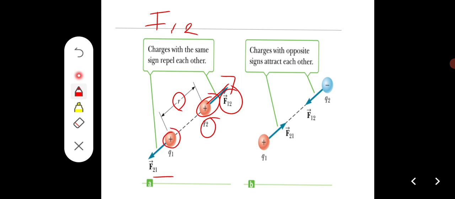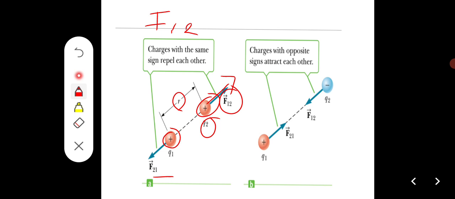Charge 1. You have to understand this, because as you are writing, you also have to represent them.